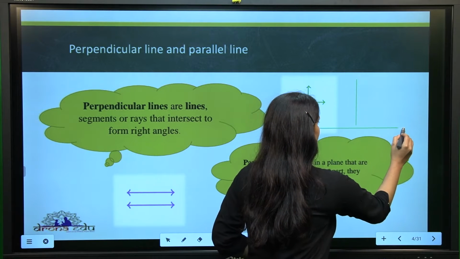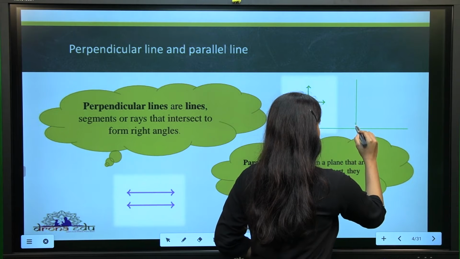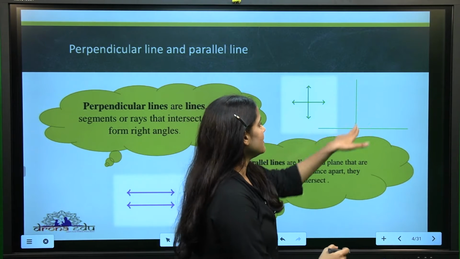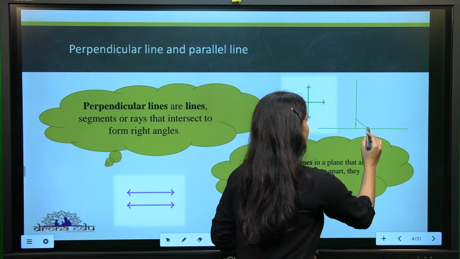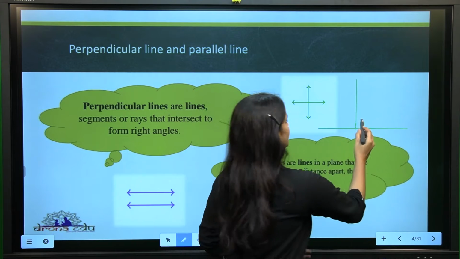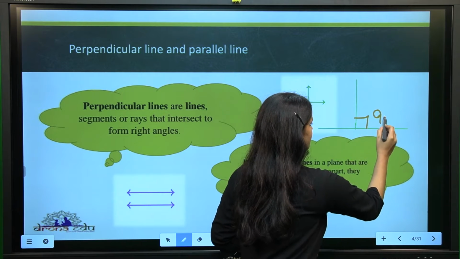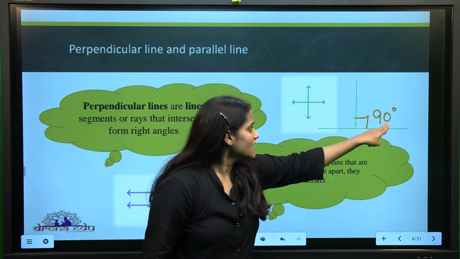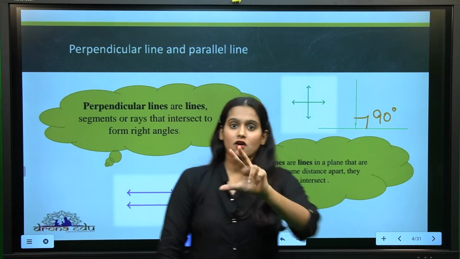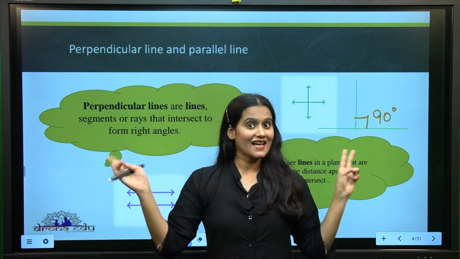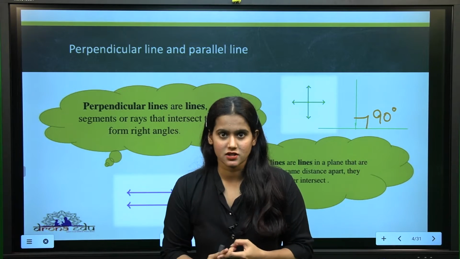But if I draw one more line, this one is a perpendicular line, where the angle between these two lines should be equal to 90 degrees. When the lines intersect and the angle is 90 degrees, then we call it a perpendicular line. Here the lines intersect, that is very important.